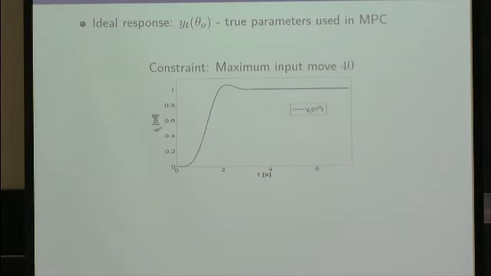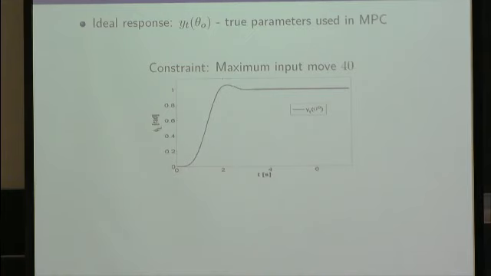Then if I want to do what we call a step change, going from one angle of the motor to another as quickly as possible, I would have perhaps this response. That would be the ideal response, the best I could achieve.